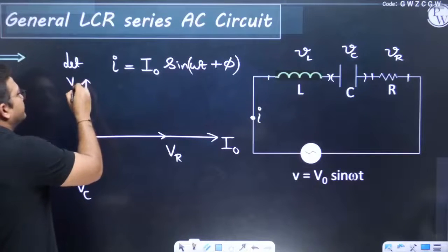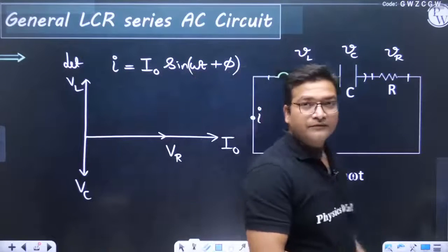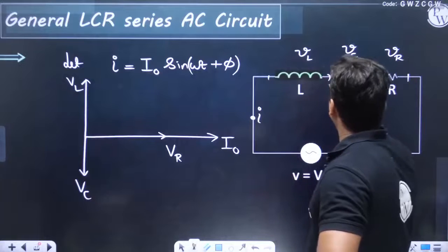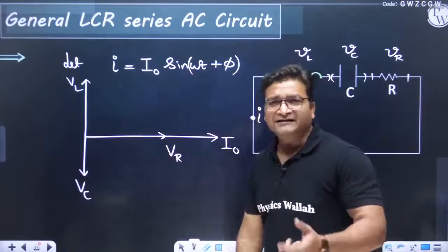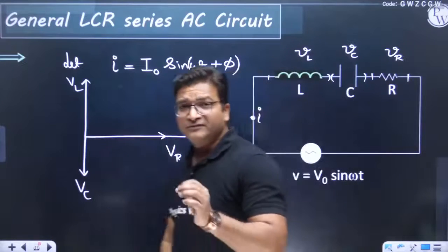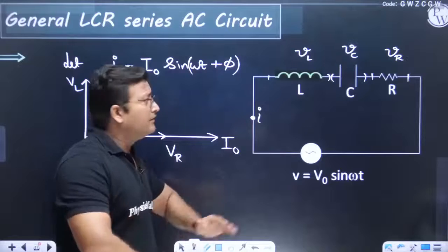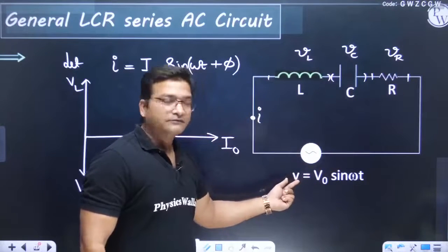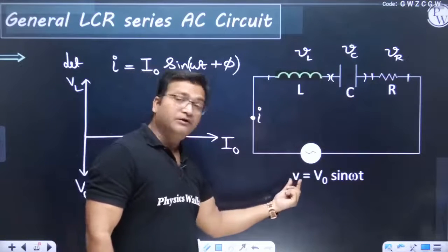This is VL. So now we have drawn phasors of the 3 voltages, VL, VC and VR. One small point you should remember: according to KVL, the sum of these 3 instantaneous values must be equal to the net value.